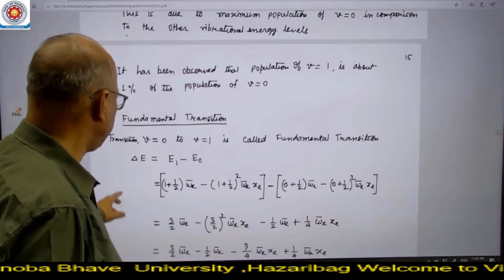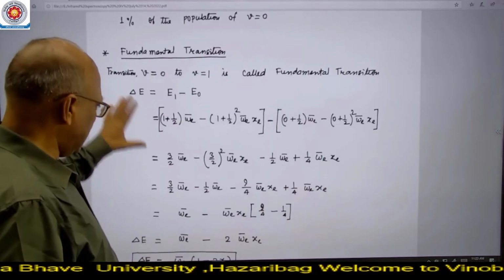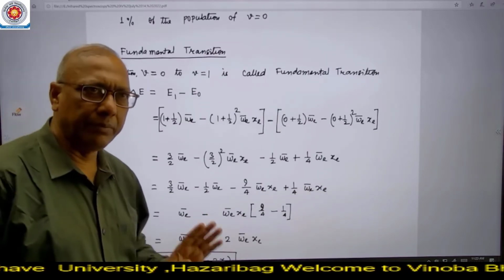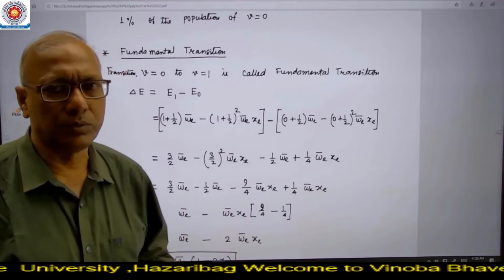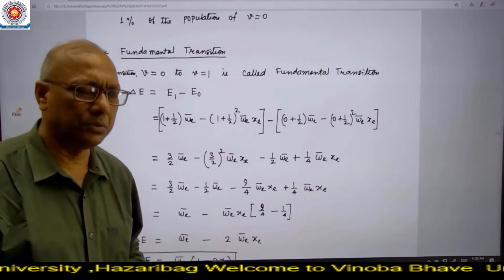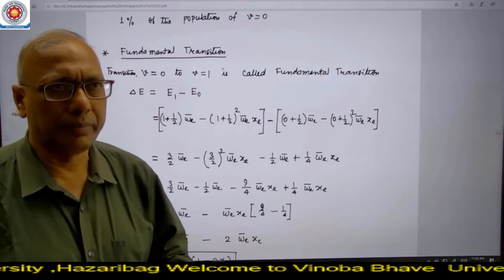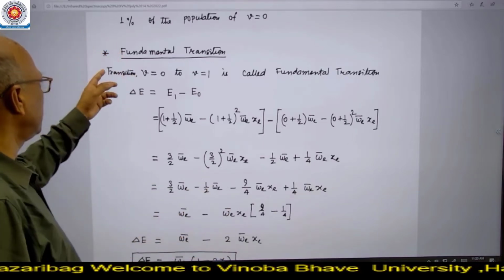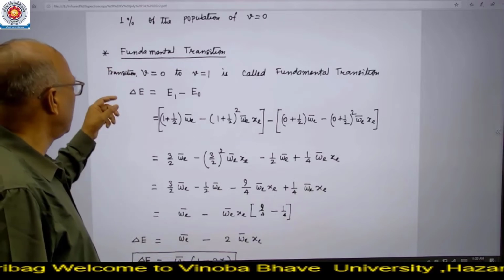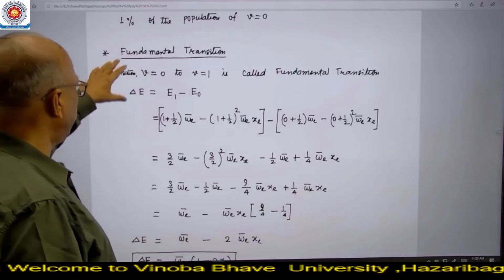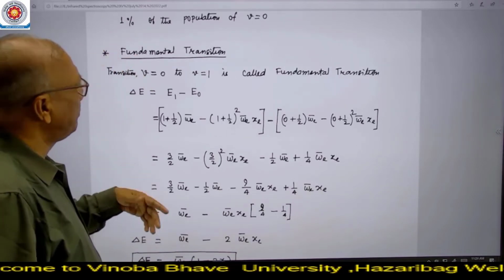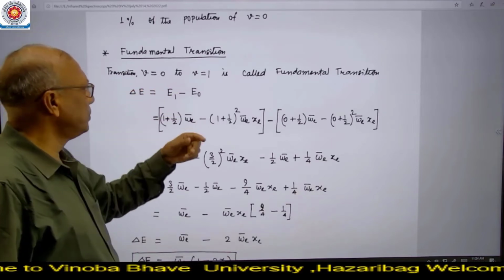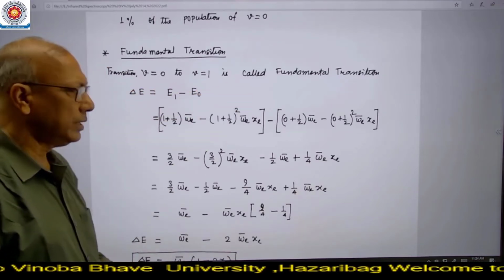Now, there are some terms like fundamental transition, first overtone, second overtone, third overtone, etc. or hot band. So, we will discuss these one by one. The first term is fundamental transition. I have written on the previous page that V equal to 0 to V equal to 1 is called the fundamental transition.